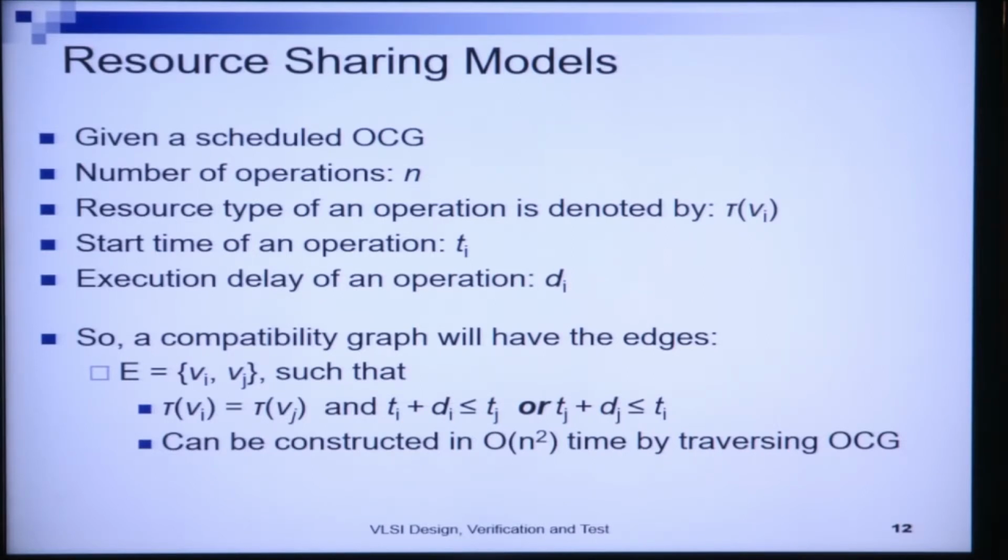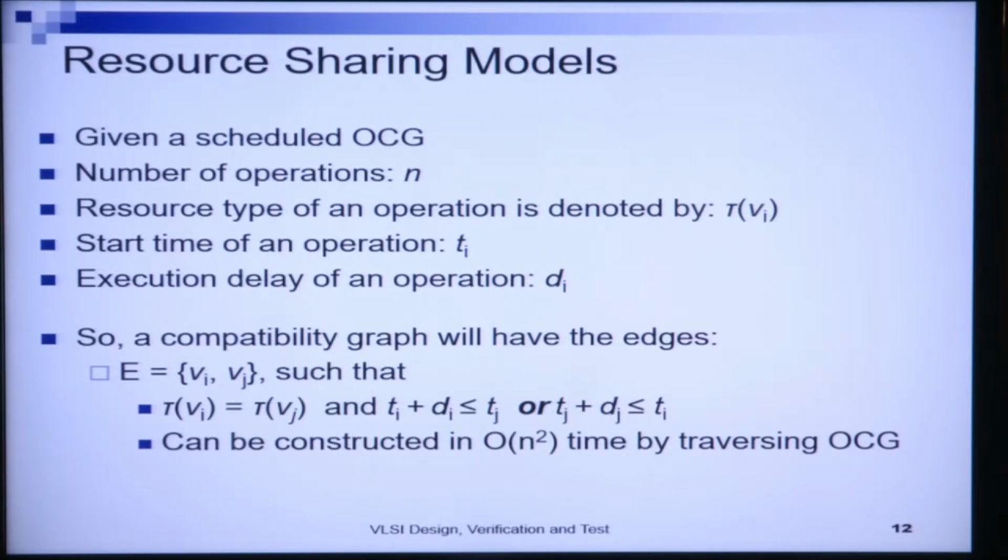Because Di is the delay of operation Vi, and operation Vj follows Vi. Otherwise there is an overlap in the execution intervals of these two operations, and therefore the same resource instance cannot be used to execute both operations Vi and Vj.